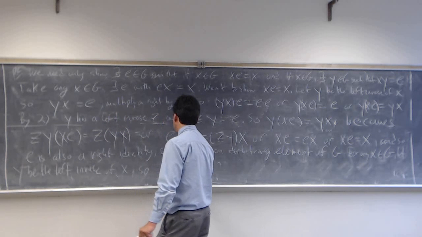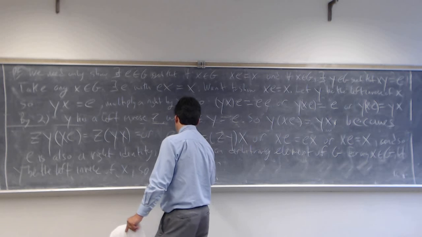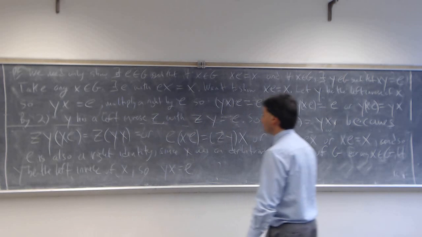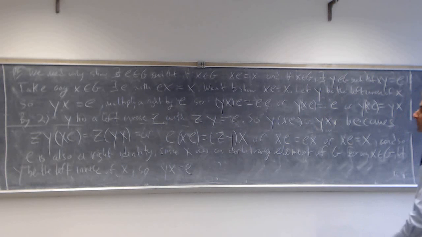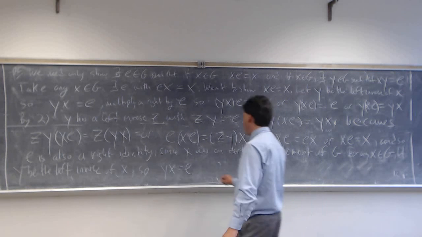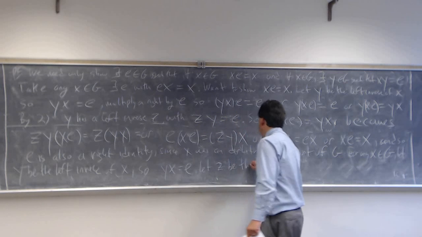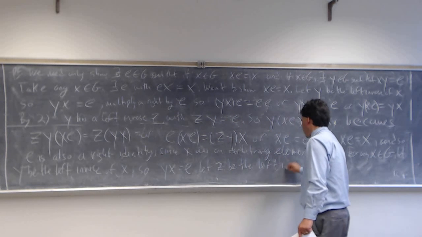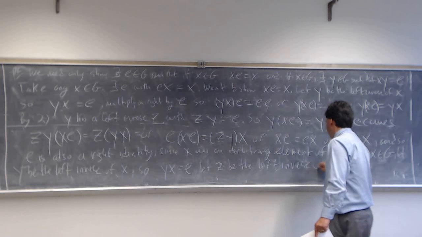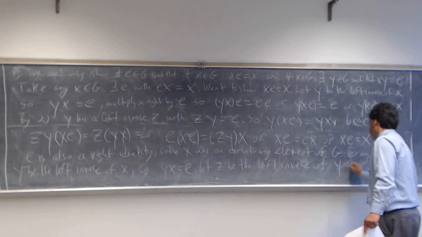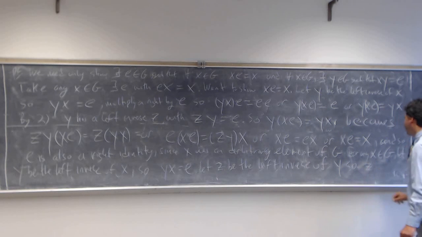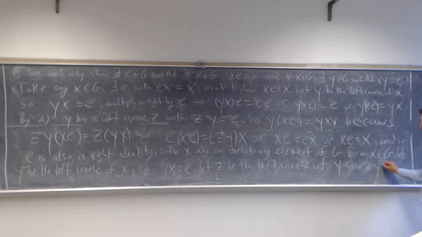So that would give us yx equals E. But let Z be as before, Z is a left inverse of Y. So that would mean Z times Y is equal to the identity.